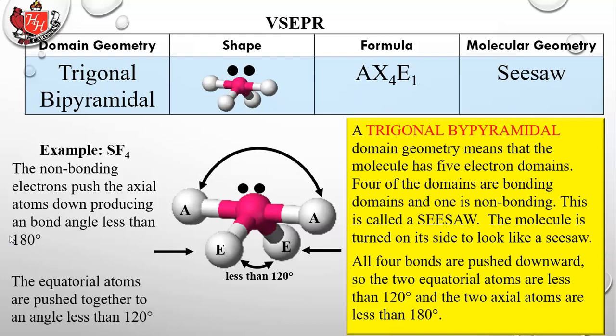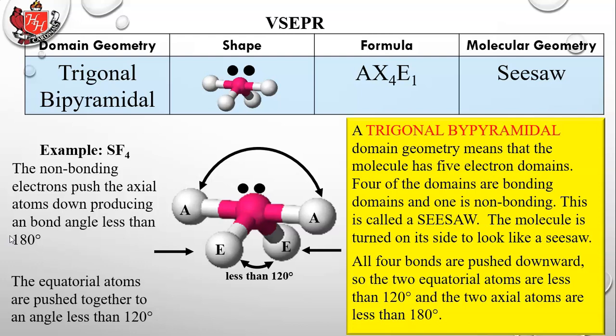The one on the right and the one on the left are both axial. And so you see that marked down below. So all 4 bonds are pushed downward. That lone pair is pushing all the bonds downward. So that the 2 equatorial atoms are less than 120 degrees. Remember, they were 120 when all were bonding domains in the previous slide. And the 2 axial atoms are less than 180.